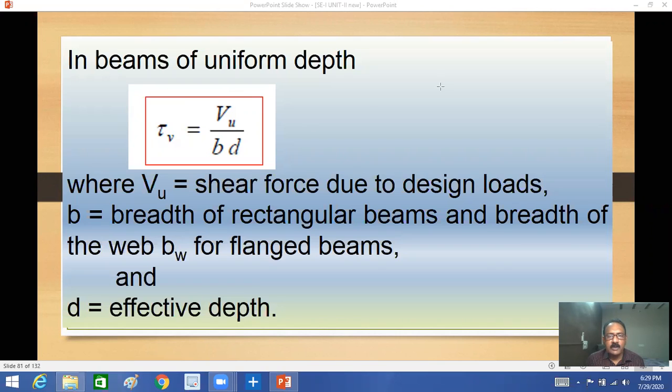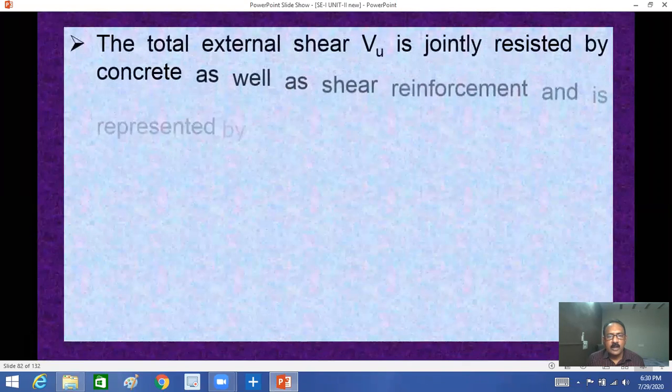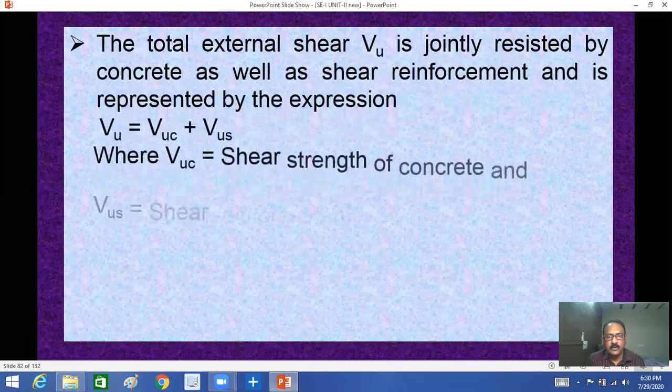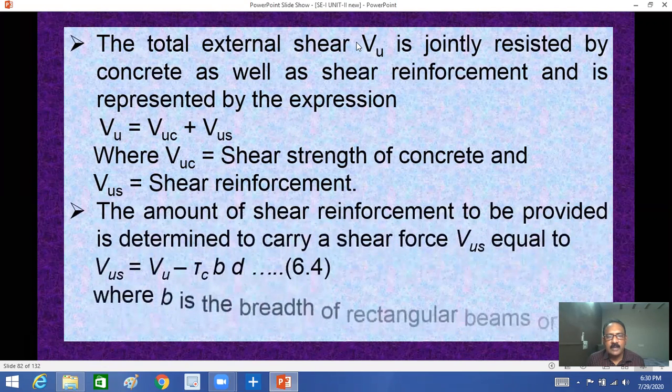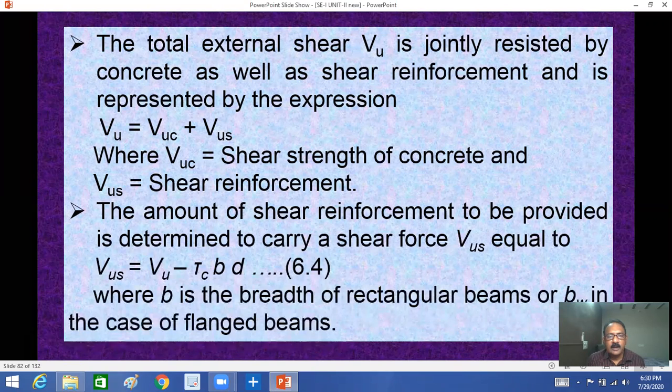This is the beginning of your shear formulas. Next, the total external shear Vu is jointly resisted by concrete as well as shear reinforcement and is represented by the expression Vu equals Vuc plus Vus.